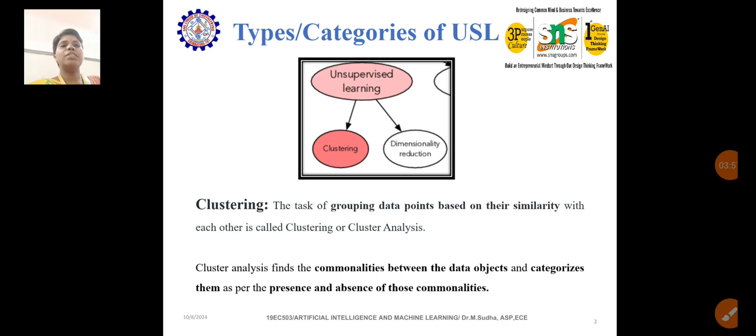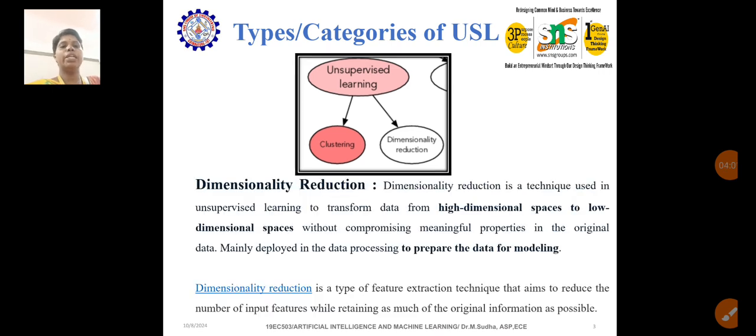Coming to the next unsupervised learning category, that is dimensionality reduction. Reading the title itself, it means it is going to reduce the dimension. But if we reduce the dimension, what will happen? Obviously the quality should reduce.